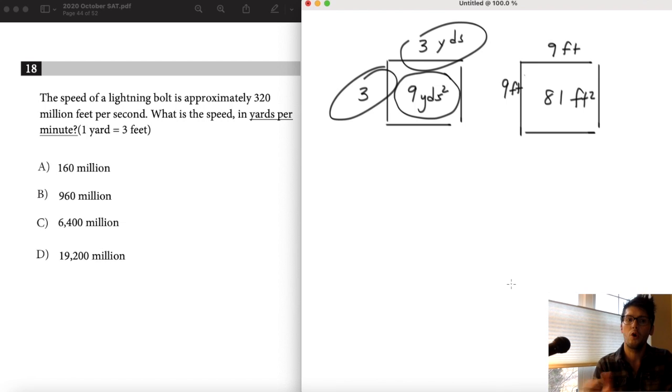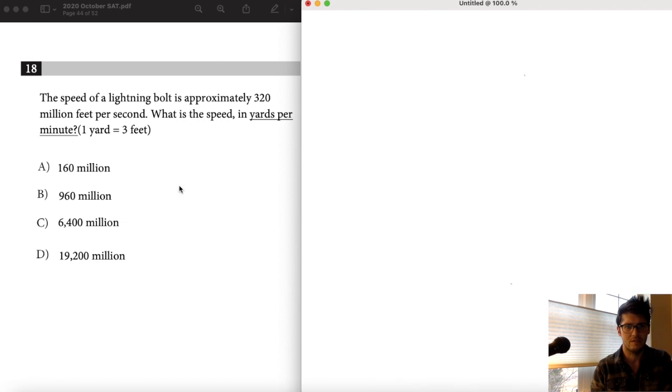You want to know what the possibilities are on each question. There's a wide range of numbers here. Let's see if we can get to a place where we can understand how big this number should get. 320 million, I don't care about the millions. We're all in millions. 320 feet per second.